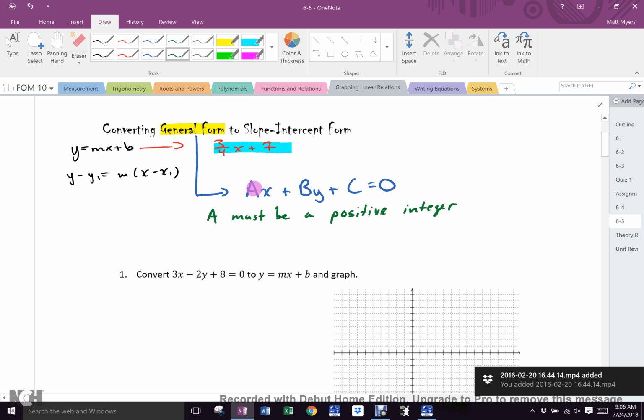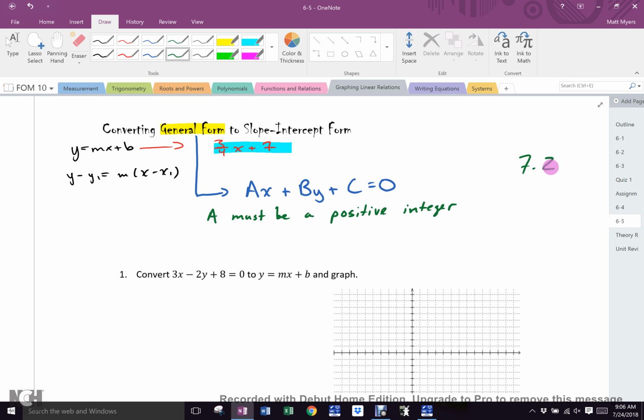Who remembers what an integer means? A number? Pardon me? No. It has to be a positive integer. Is this an integer? 7.2. Yes or no? No, it's not.